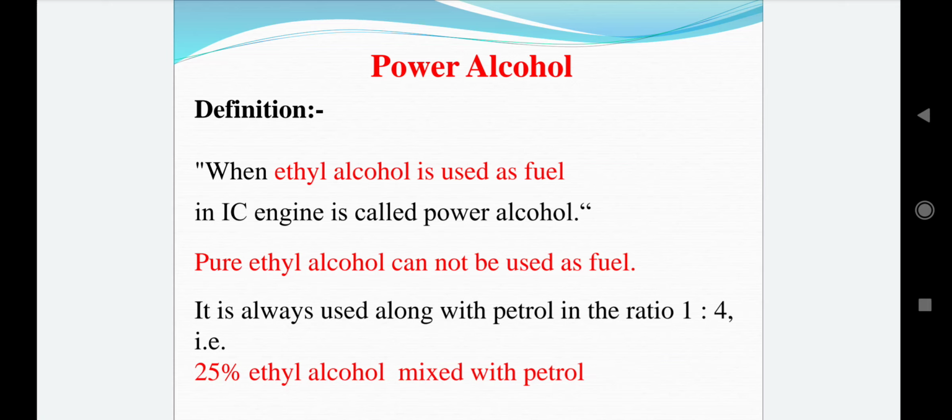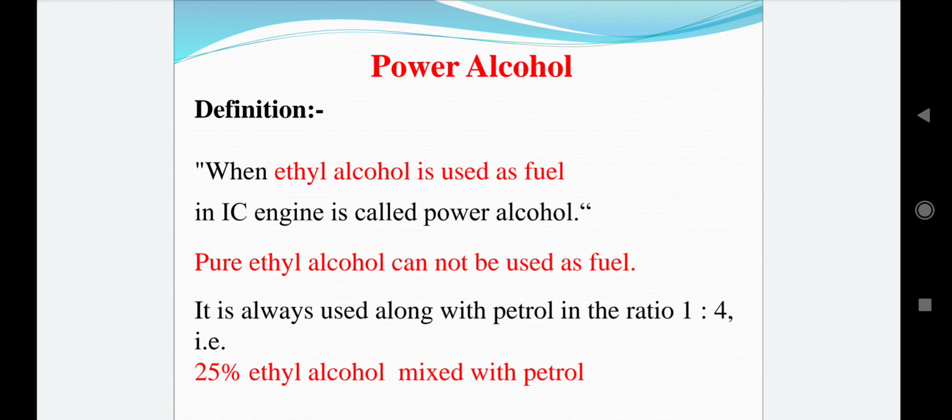We get petrol after doing fractional distillation of crude oil. So we have petrol, but we require ethyl alcohol for producing power alcohol.